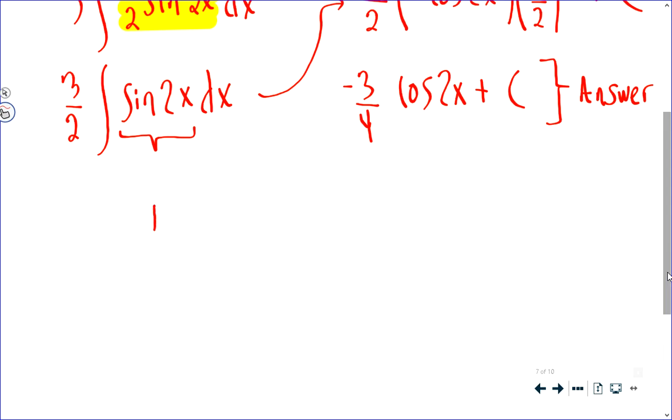So we can check that. This is just a check. It's not part of what we're required to do.